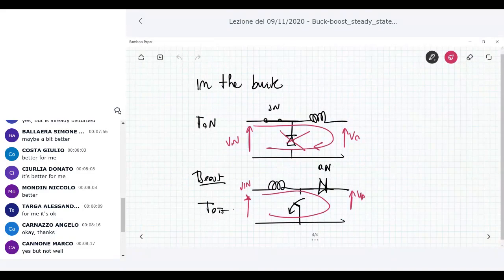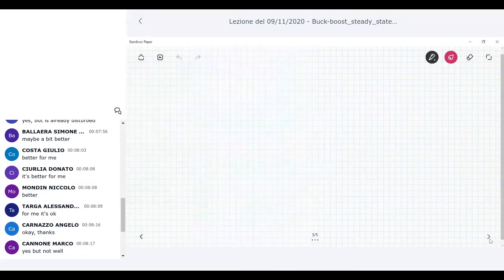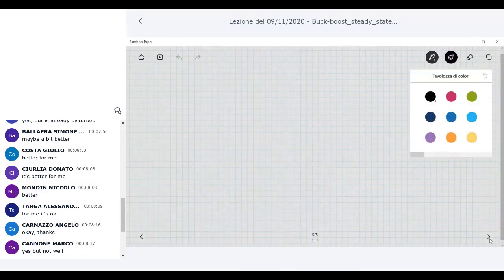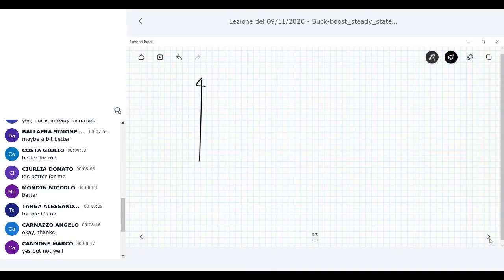So what happens for the buck-boost during the T off? During T off, the voltage across the inductor is V naught. So let me draw a waveform of the voltage across the inductor.